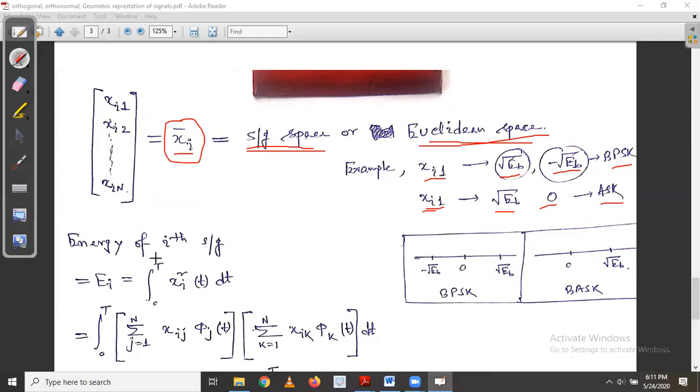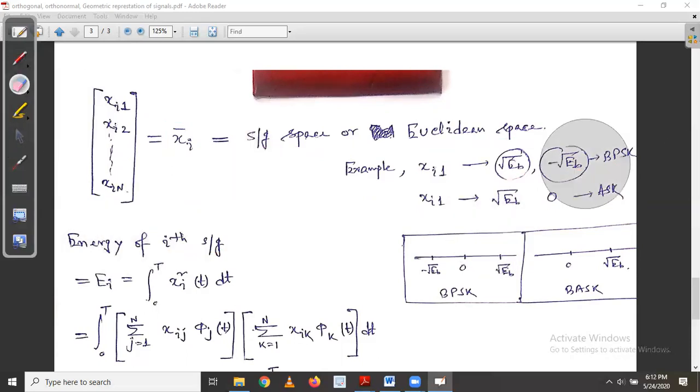Now, what about the energy of the ith signal? Try to recall the previous discussions of any digital modulation technique, suppose BPSK. If this is the origin, this is one point, root of Eb. Suppose this is another point, minus root of Eb.